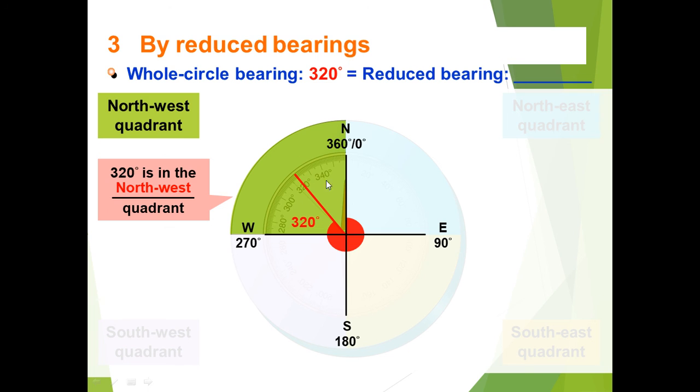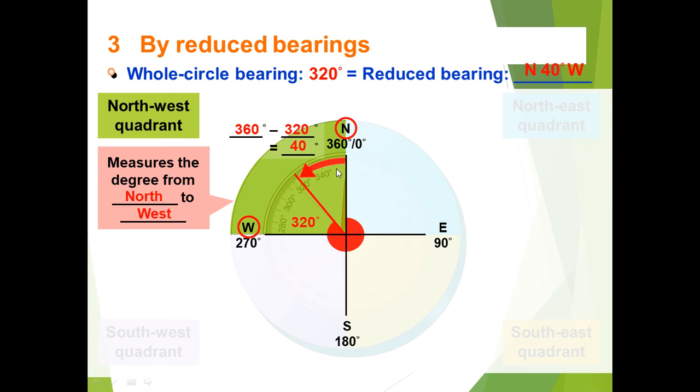Oh no, because everything is measured from the north side, we have to use the angle of a circle, which is 360 degrees, minus the whole circle bearing, so that we can get 40 degrees, because we have to find this angle instead of this angle. So the answer would be N 40 degrees W.